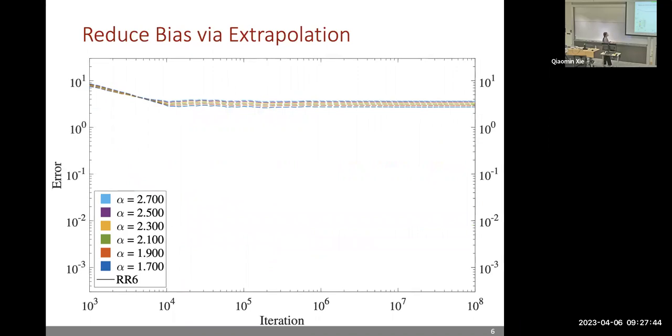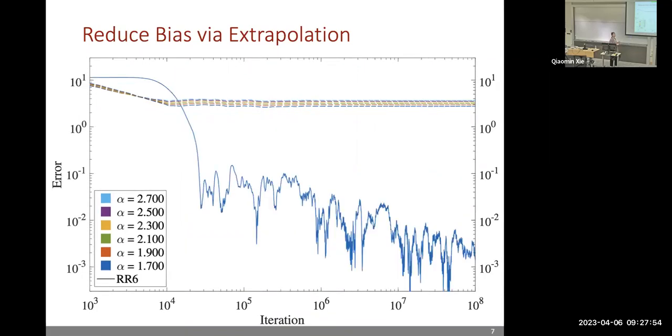Now, thanks to our analysis of the bias, we can build on these large-error estimates to construct a new estimate. In particular, the new estimate, shown in the blue curve here, can significantly reduce the bias. We will see how we get this magical tool by looking at the exact analysis of the bias.